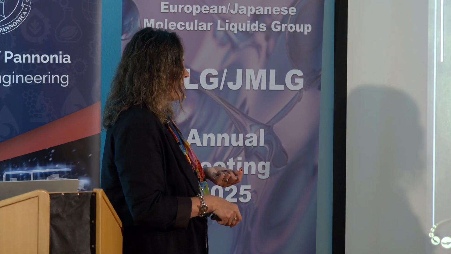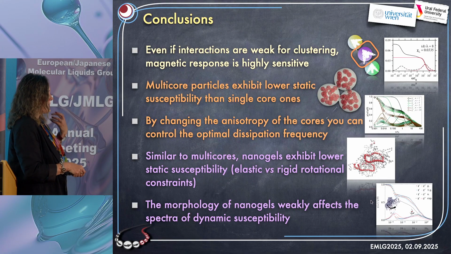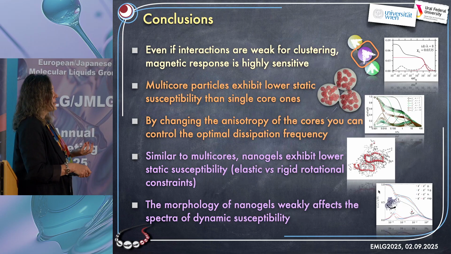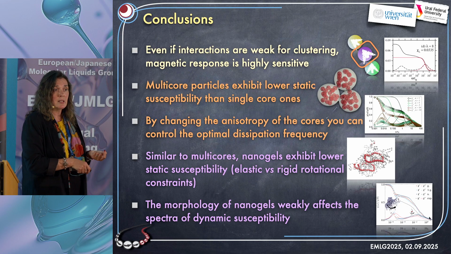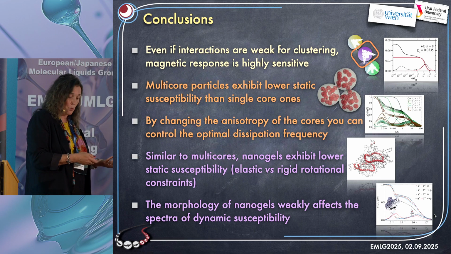And nanogels are good for transport because they're porous and can contain a lot of substance, but they are almost uncontrollable in this sense. It's very difficult to tune their dynamic response.